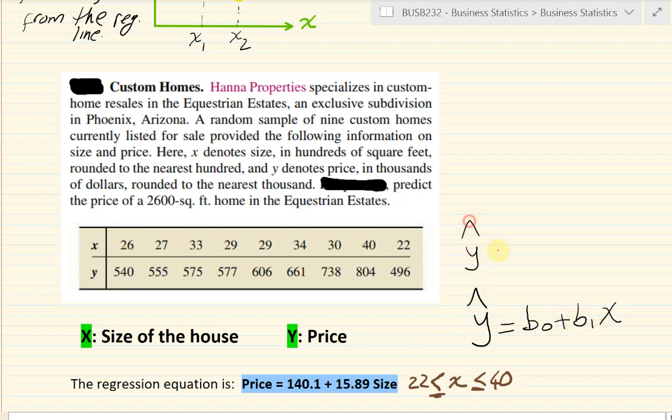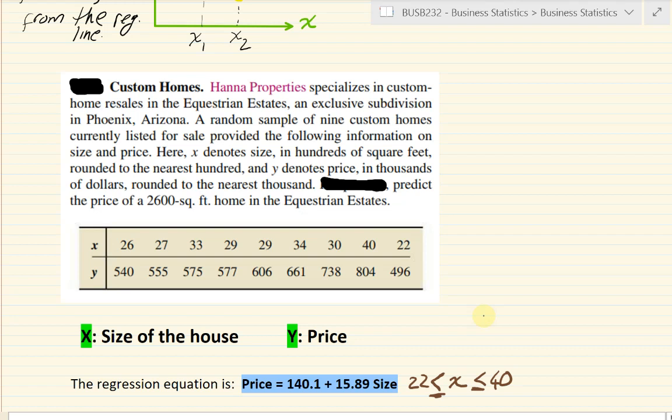So y hat is equal to 140, where b sub 0 is the y-intercept, plus the slope, almost 16, times x. There you go. That's what that looks like. Now, the outputs by software usually use descriptive verbiage instead of x's and y's, because it just helps interpretation. Okay, let me erase this now, and there you go, the equation.